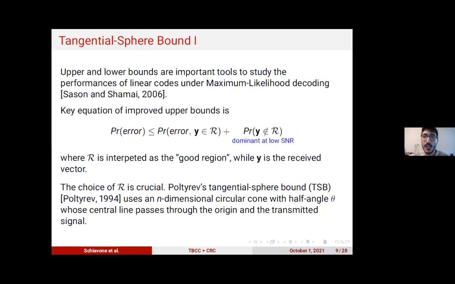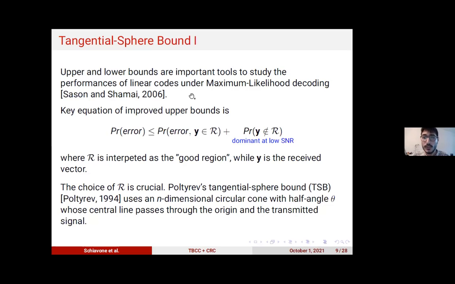And let's have a look at an important tool to study the performance of the ensemble and, in general, of codes. We know that upper and lower bounds are important tools, but some are better than others. Not all upper and lower bounds are tied to the real performance of our codes.